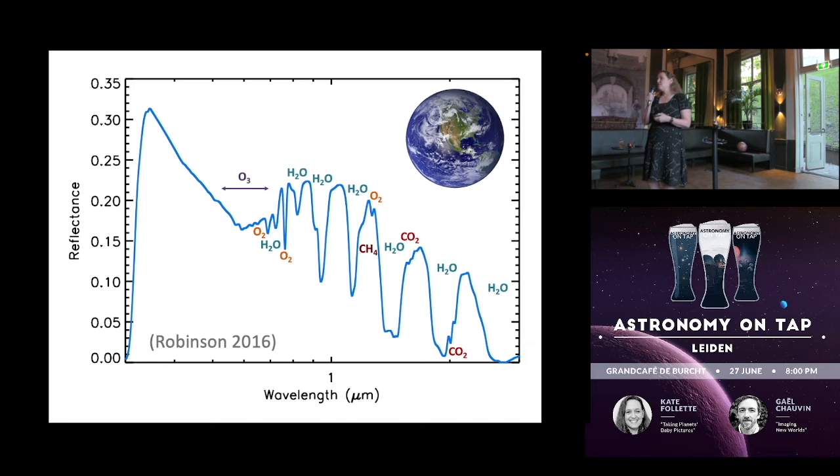So there are things that we call biosignatures in the atmosphere of the Earth, in the reflected light spectrum of the Earth, including things like ozone and water, things that are in disequilibrium, so they're created and destroyed by biological processes. So I'm going to leave that teaser just to say I hope that you all, and certainly I hope that I, will someday see one of these for an exoplanet.